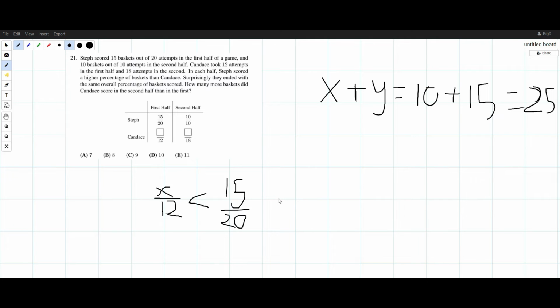So this would be simplified down into x is going to be less than 9, because the percentage of 15 over 20 is going to be 75%. 75% of 12 is going to be 9, so x would have to be less than 9.